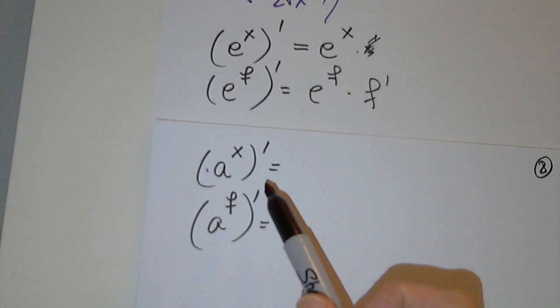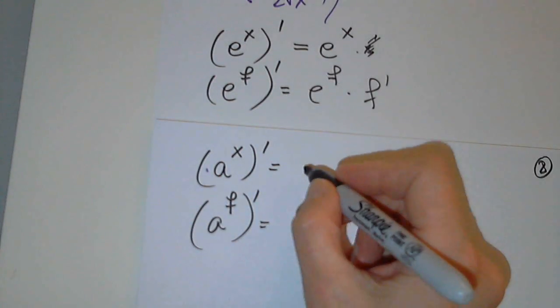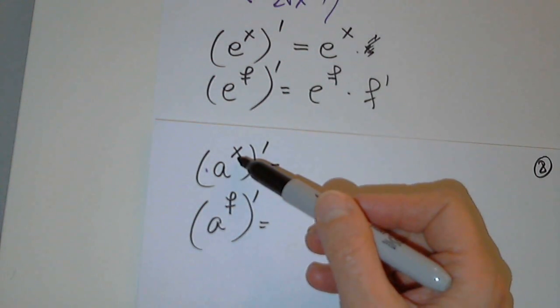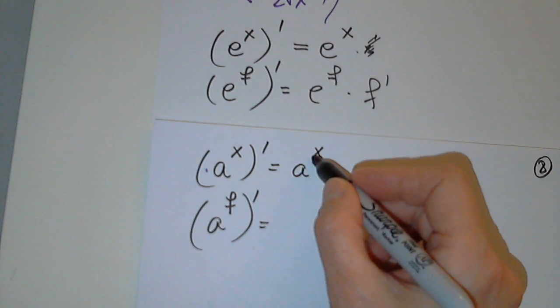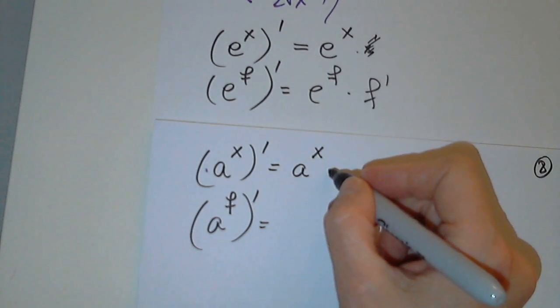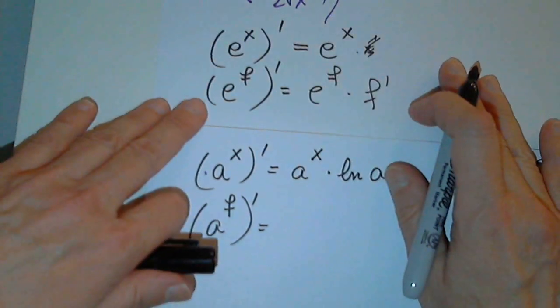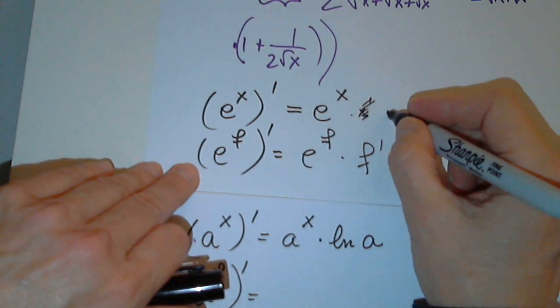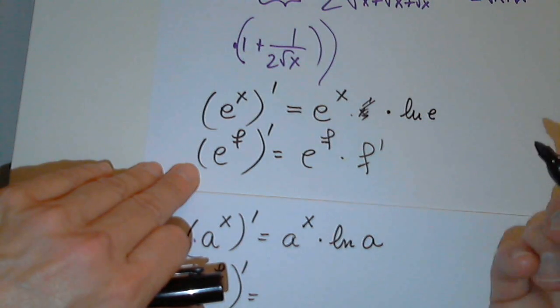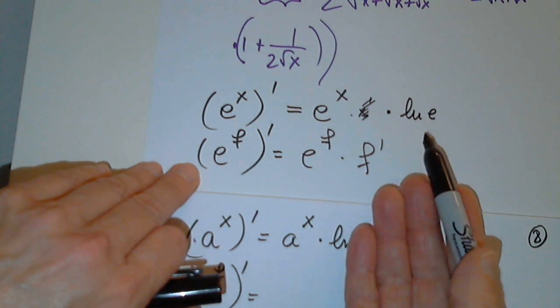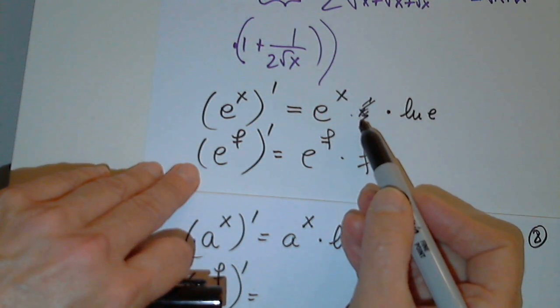Because the idea here is that when I differentiate a to x, I get a to x, but multiplied by natural log a. Here, I should have shown you this with natural log e. But for the same reason we didn't write natural log e, for the same reason we didn't write x prime.